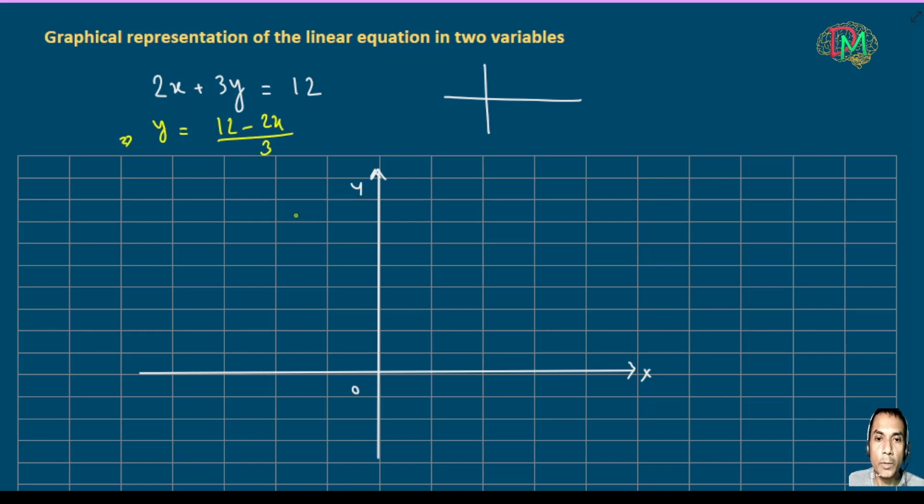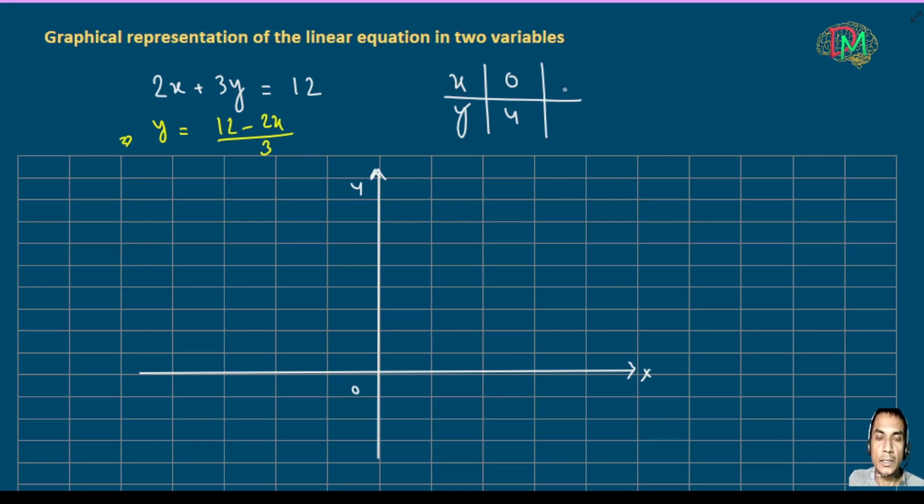So y will be what? Y is equal to 12 minus 2x divided by 3. Now if we put the value x is equal to 0 here, what value do we get? The y value will be 12 minus 0 by 3, so this will be 4.